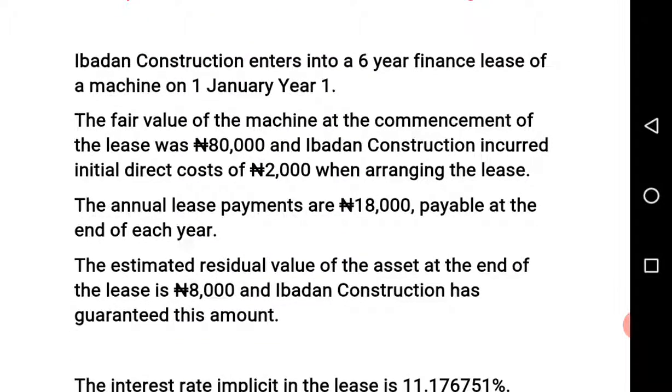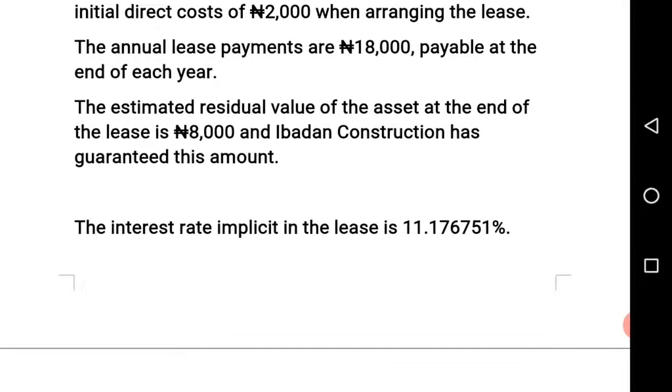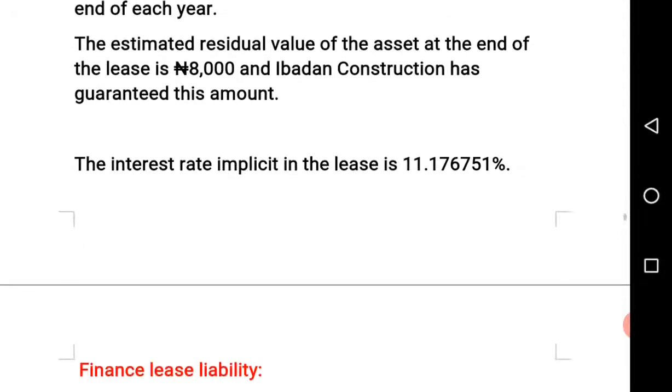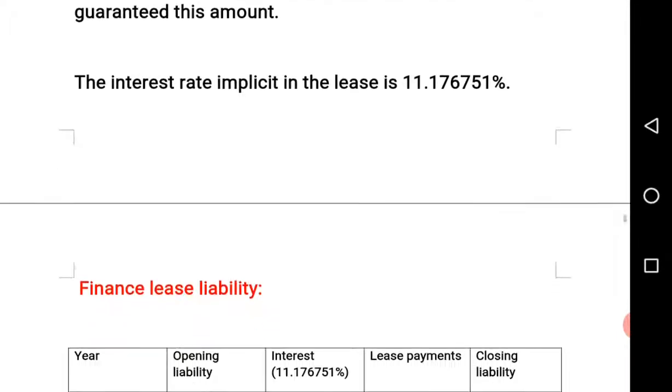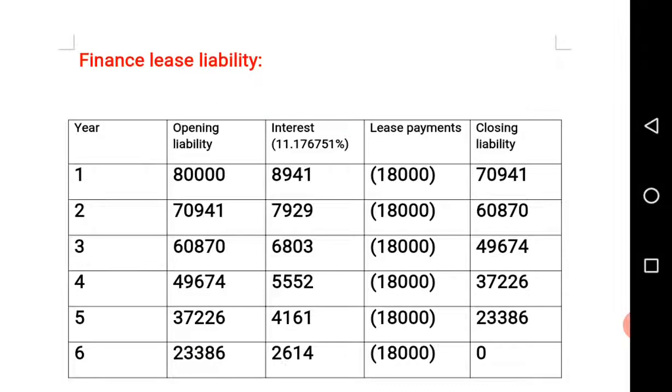The estimated residual value of the assets at the end of the lease is 8,000, and Ibadan Construction Company has guaranteed this amount. The interest rate implicit in the lease is 11.176751%. The same question. So we have a table here. We have the years, opening liability, the interest percentage, the lease payments, and the closing liability, the closing amounts owed to the lessor.